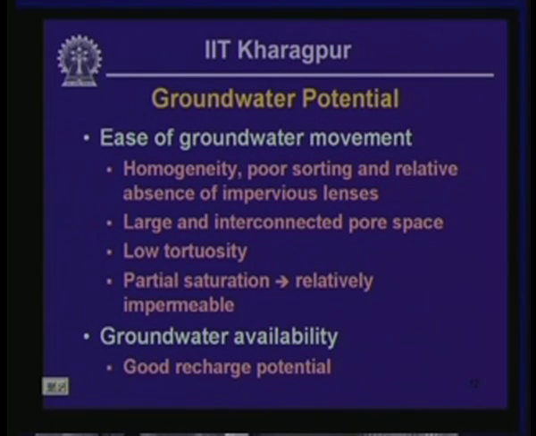An example of such a groundwater source is connate water and juvenile water. They often do not have any chance of groundwater recharge. As a result, they cannot act as a long-term source of groundwater use. Okay.